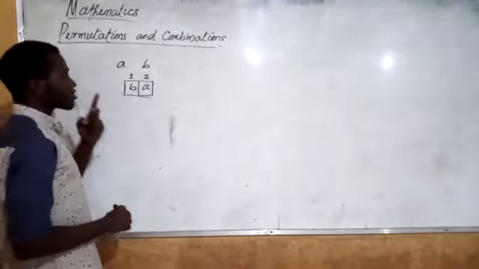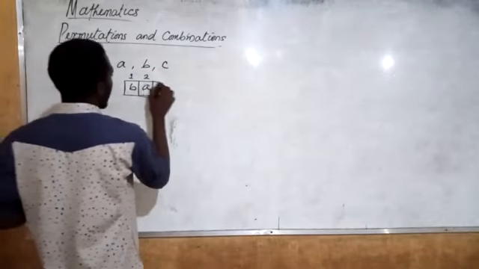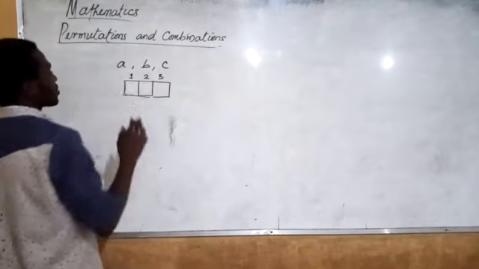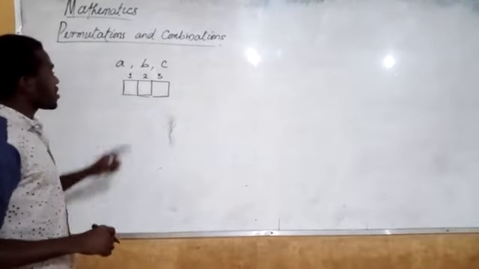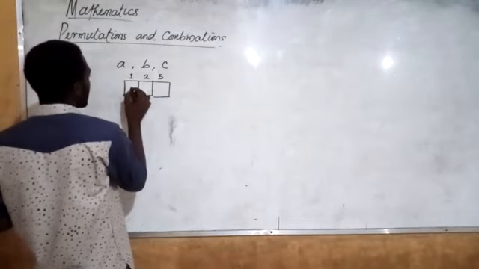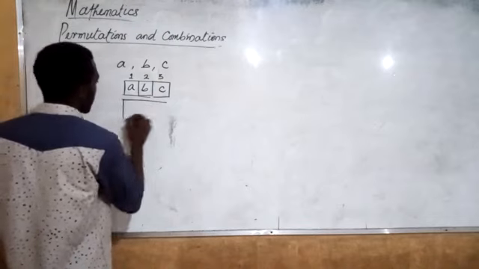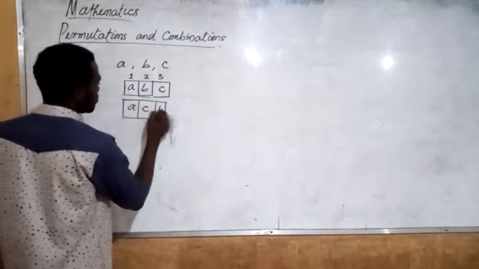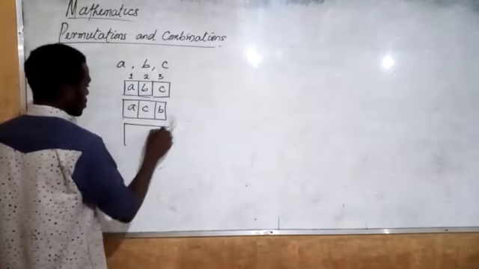Alright. Let's increase my items by 3, for example. Now I have a third box. Now if I want to arrange my items into this box, is it arranged like this first? A, B, C, or I arrange like this? A, C, B, or I arrange like this?